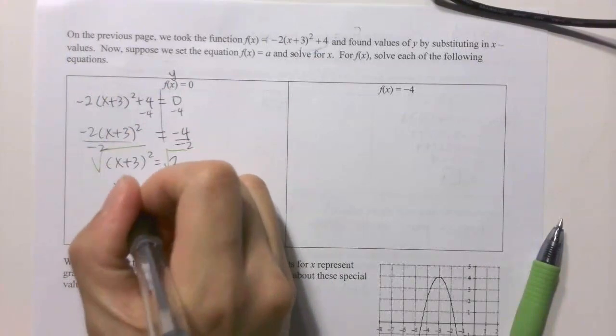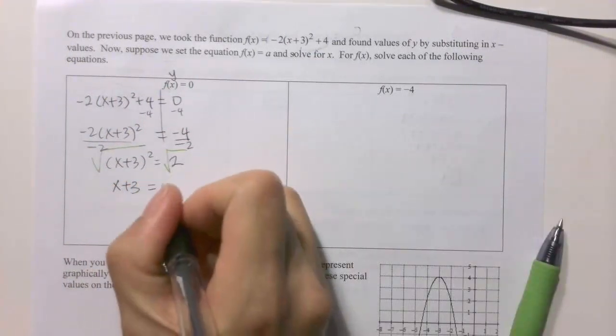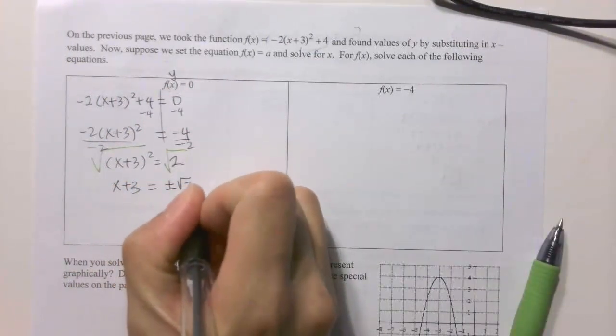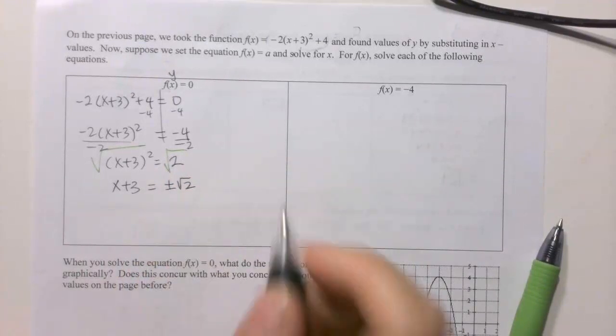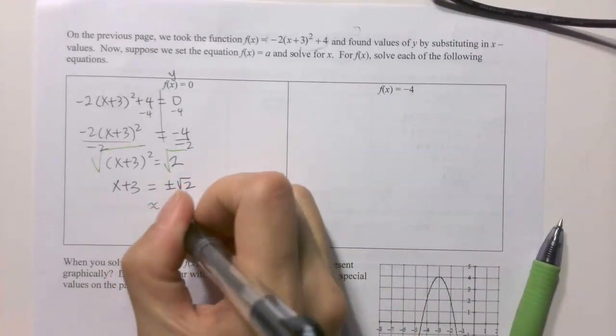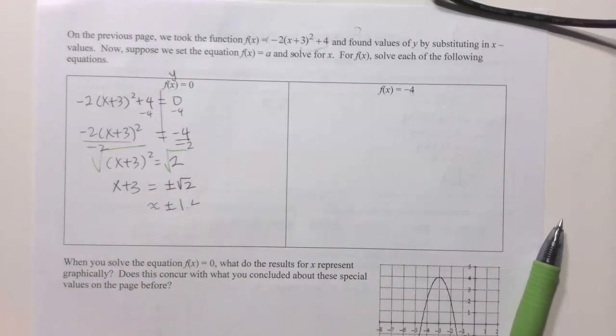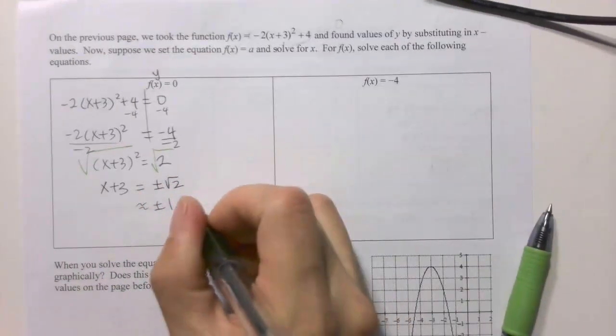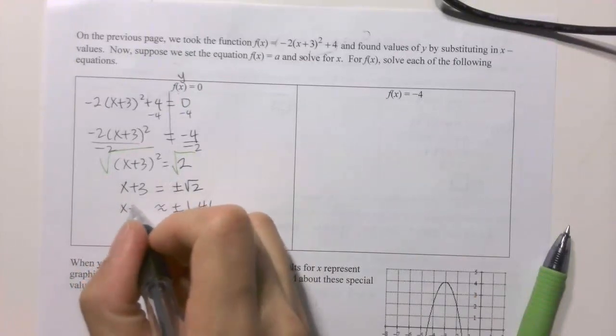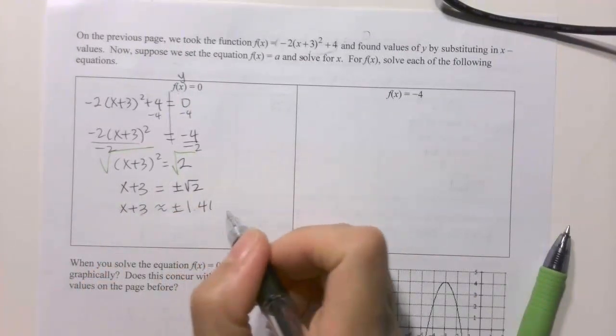And when you square root, folks, you need to remember to put the plus or minus in the front. So that's why there's a plus or minus there, which is approximately 1.41. We'll just approximate it. So x plus 3 is plus or minus 1.41.